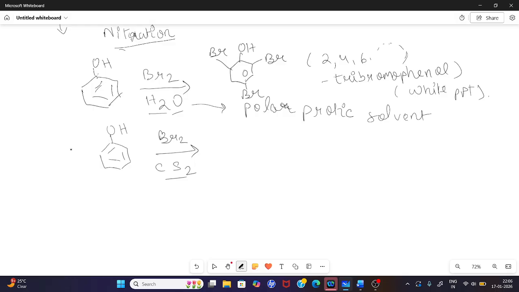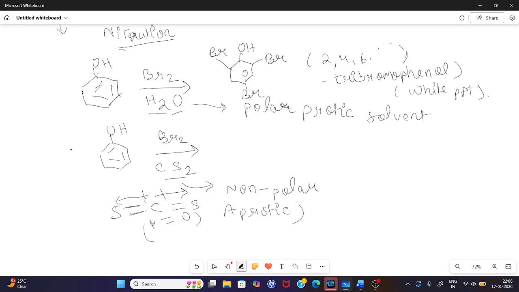Whereas in the other case, where you are using carbon disulfide, it is a non-polar solvent, because the overall dipole moment is cancelled here. It's not only non-polar but aprotic.